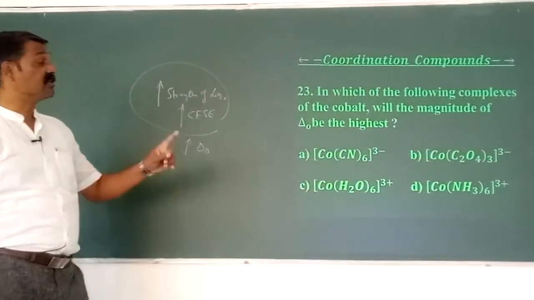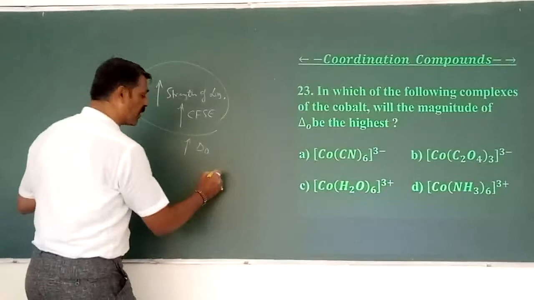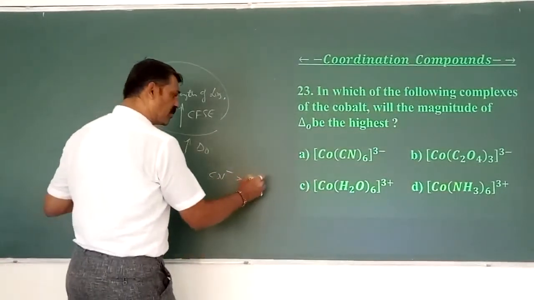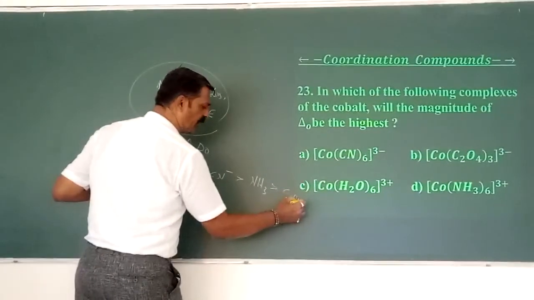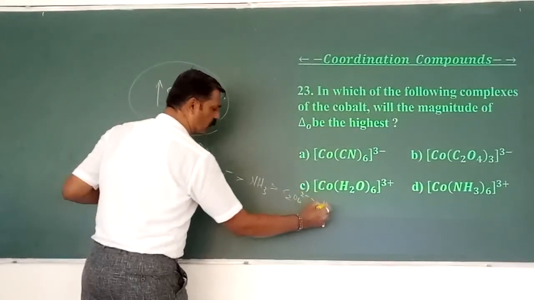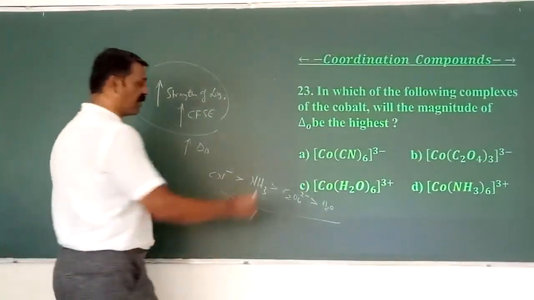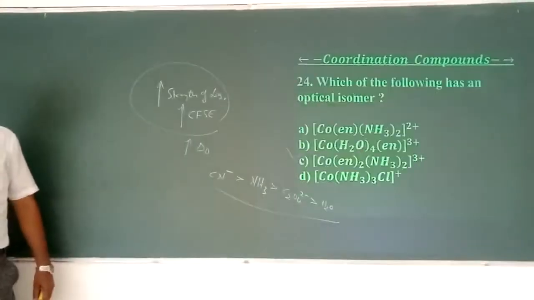Cyanide is stronger than ammonia, ammonia is stronger than the others, oxalato is greater, followed by H2O. Therefore, the highest value is going to be for cyanide. That is 23 in the form of A. Let's have the 24.